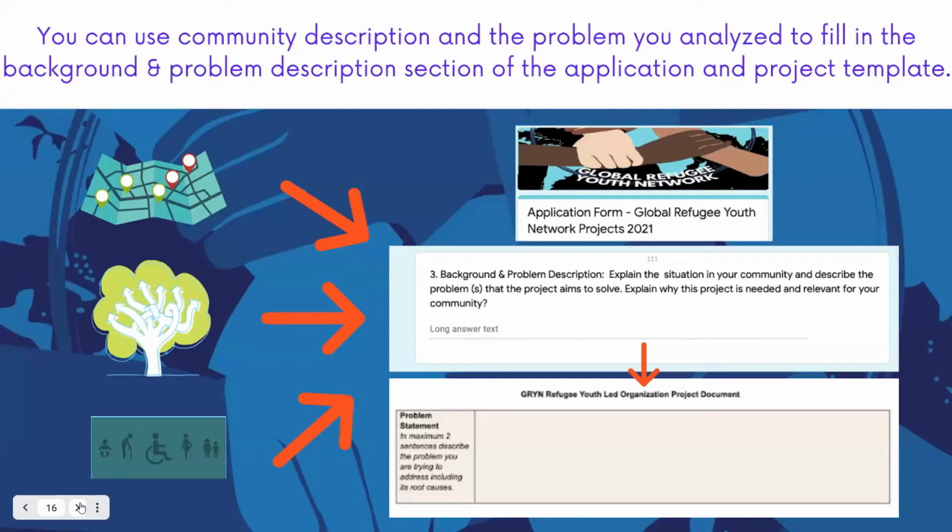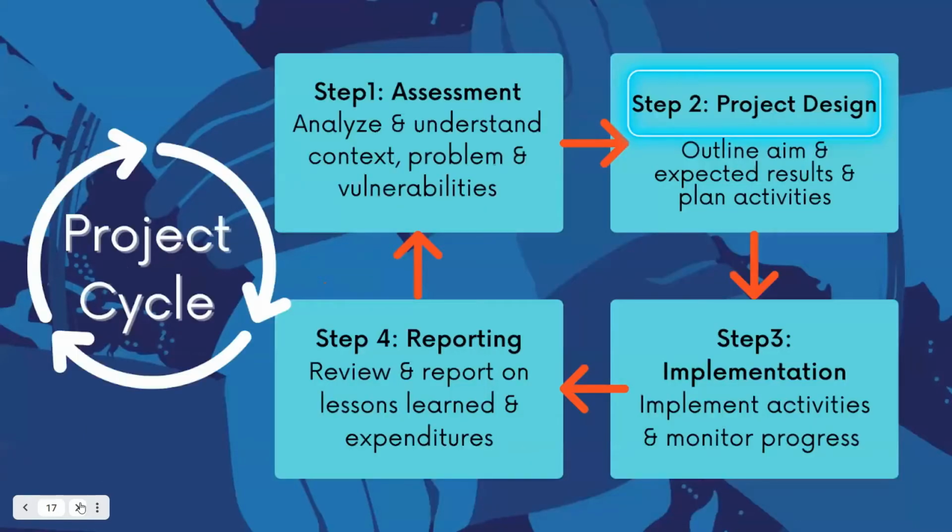So what are some of the expected results and also the aim that you hope to achieve? This is something that you would be looking at when you look at the project cycle. You start with the assessment, then you get to the next step, which is now fleshing out what you've been able to do, which is the project design.